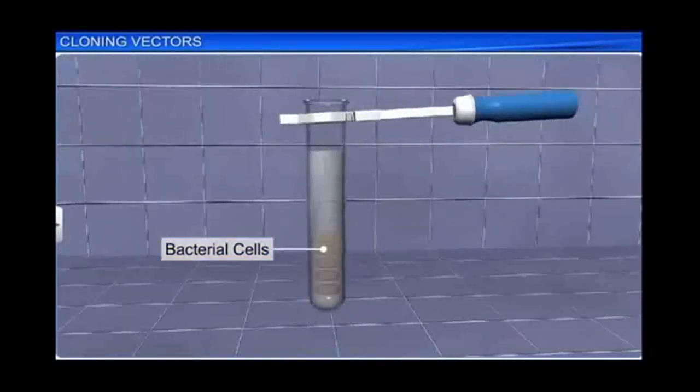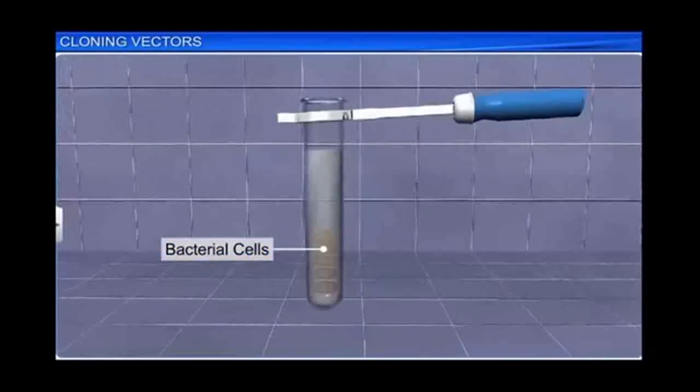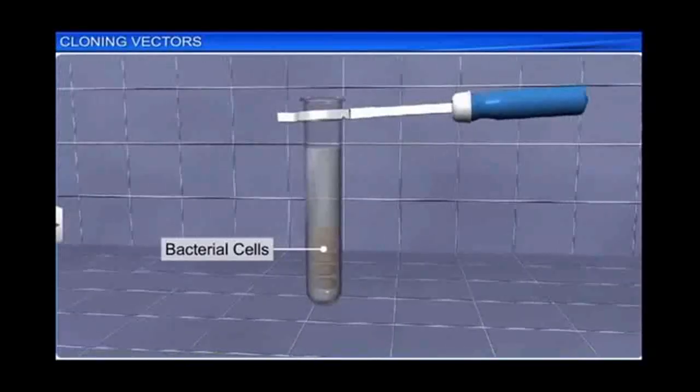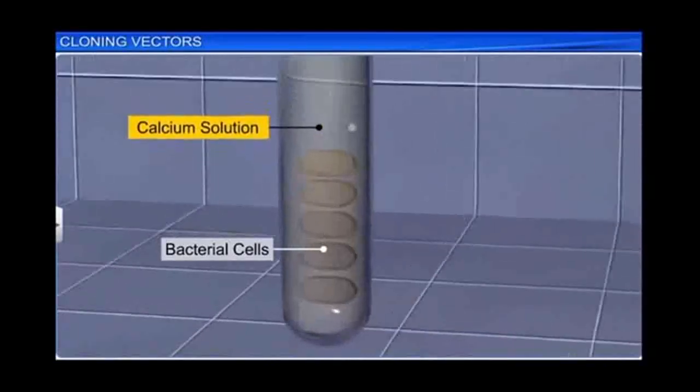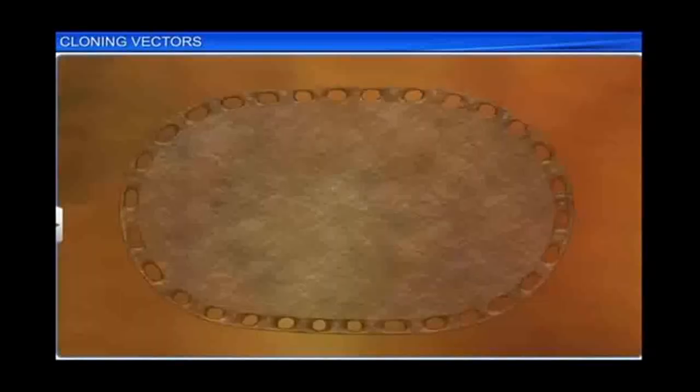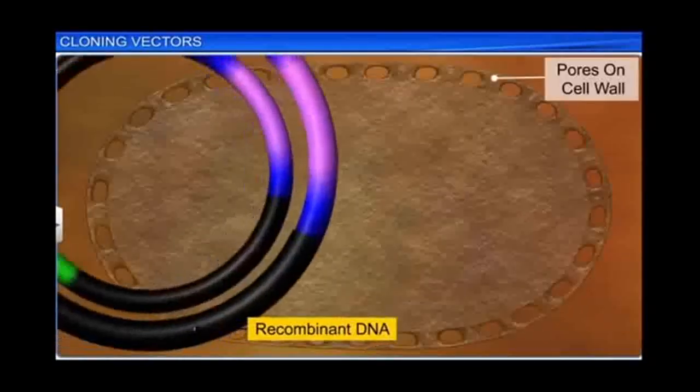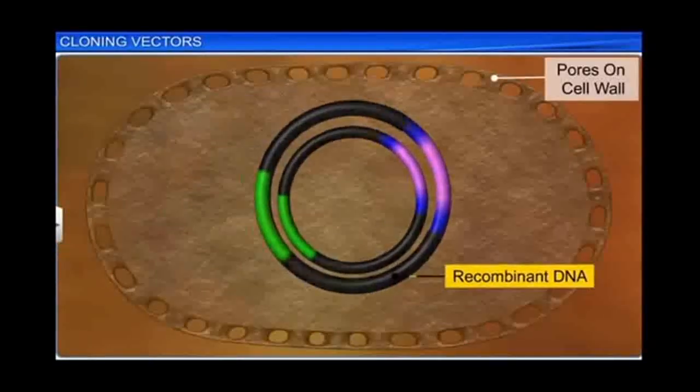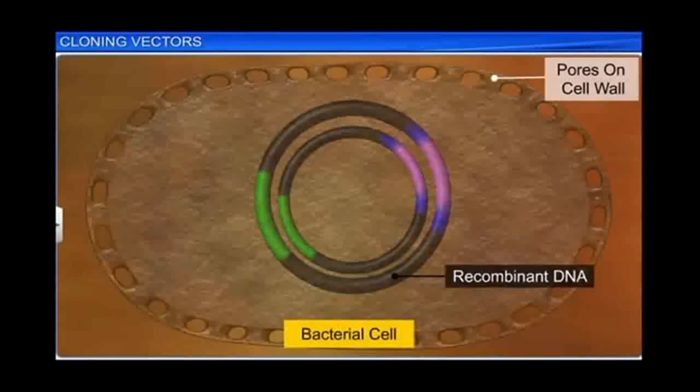In order to make the bacterial cells take our gene of interest, first they should be treated with some chemicals such as divalent calcium. After that, it enhances the uptake of recombinant DNA into the host cells by creating some pores.